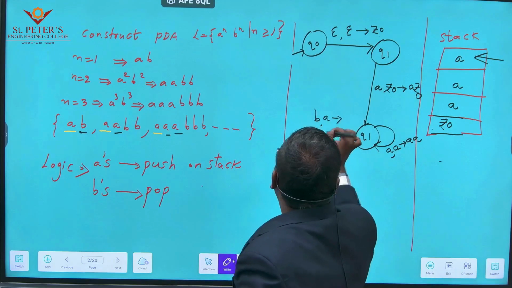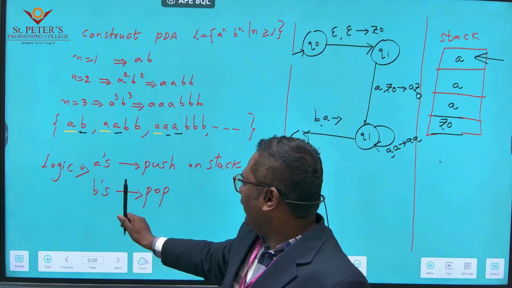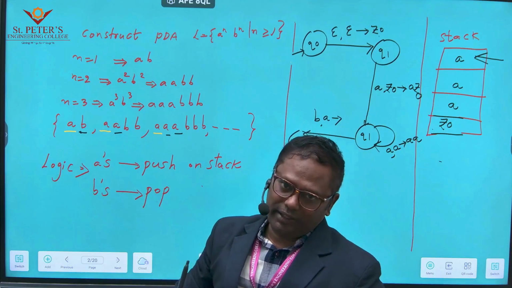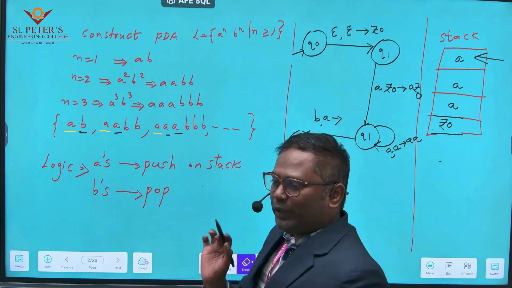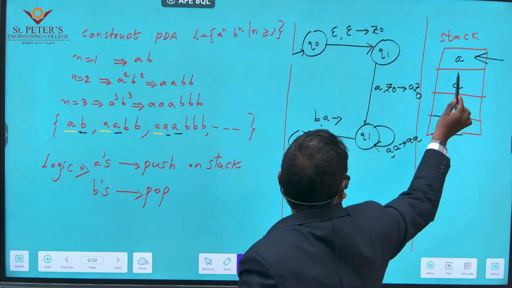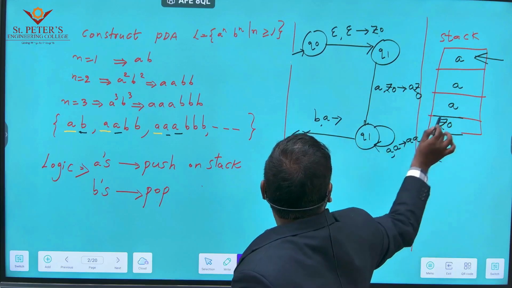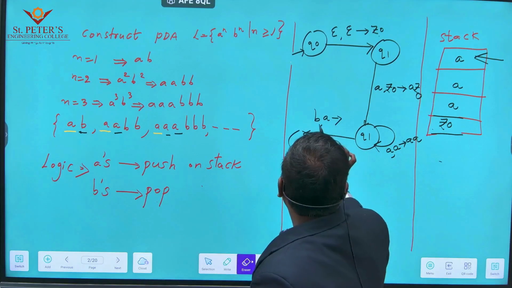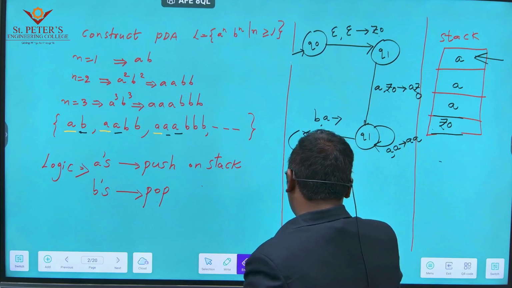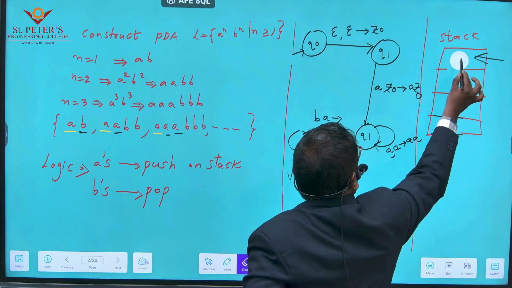So what I have to do now is, for every B, pop one A from the top of stack. Popping is nothing but removing that A from the top of stack. Now if I am writing 3 A's here, definitely 3 B's will be encountered. When the first B is encountered, I am going to pop that A from the top of stack.